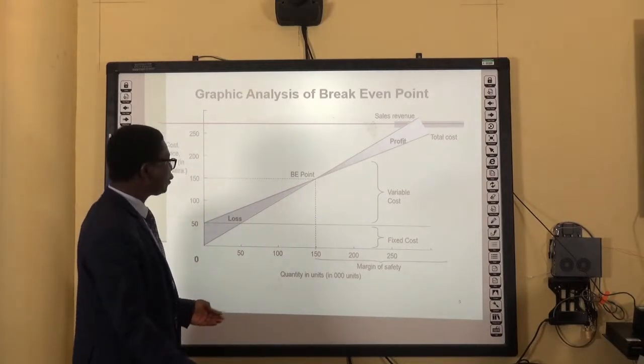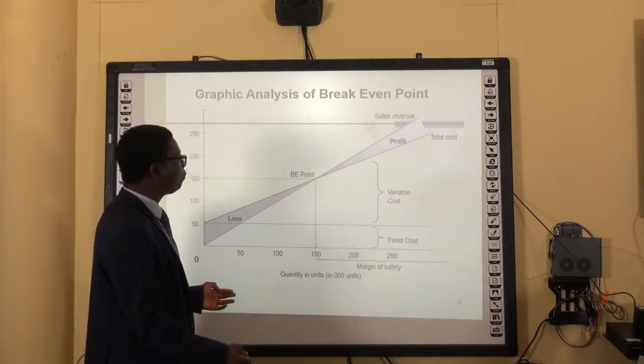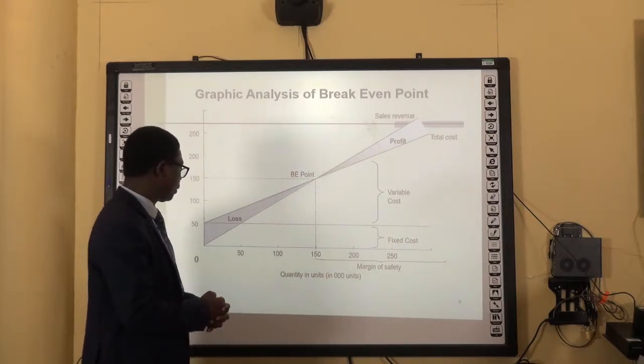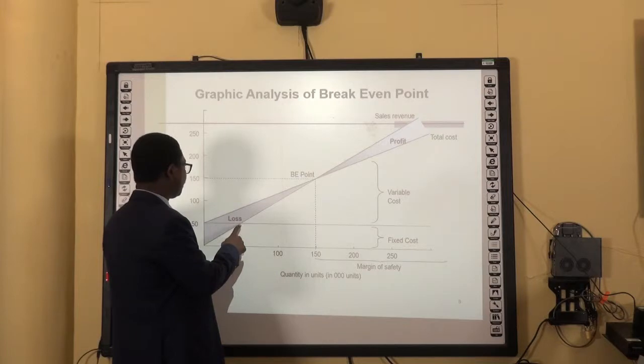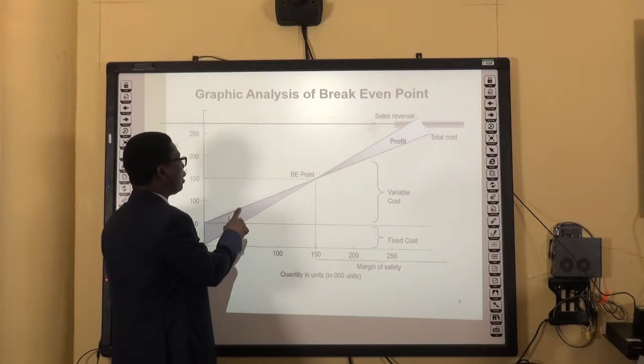However, as we begin to make production and sales, at the point of 50,000 sales, we discover that our cost has increased. We incur the fixed cost, and then we incur some variable costs.